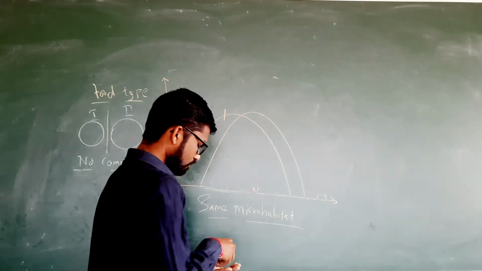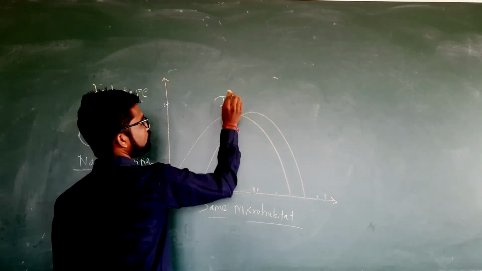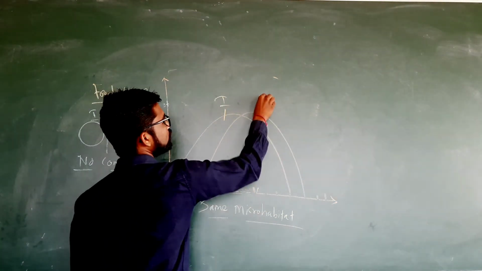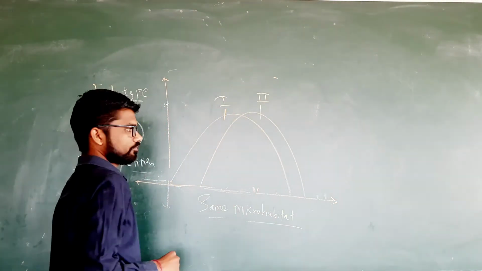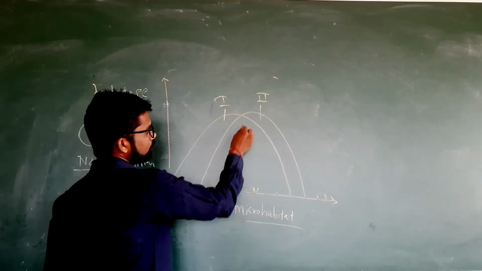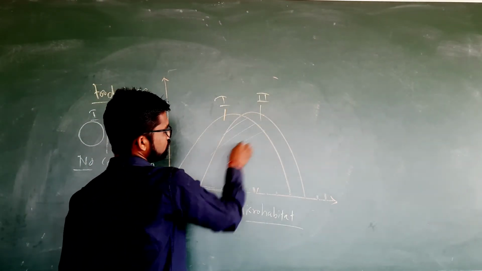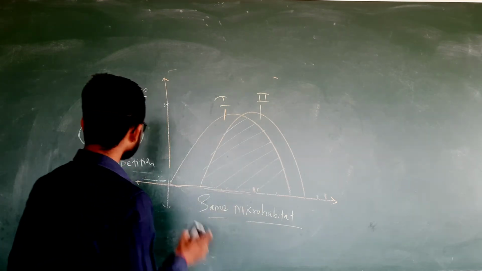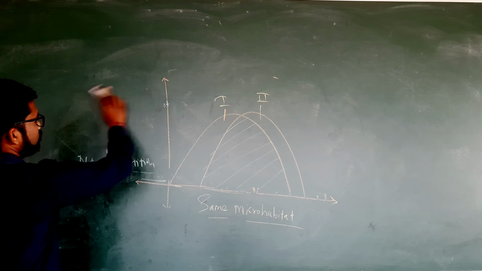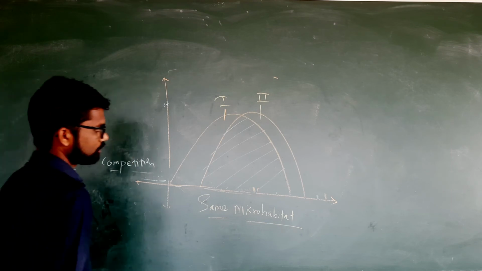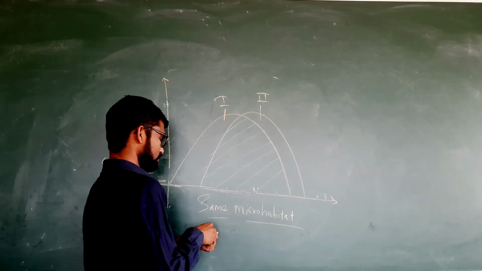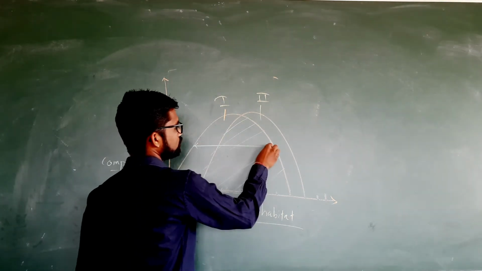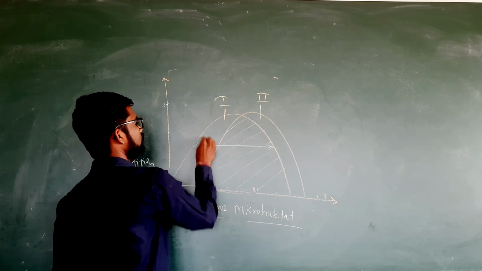This is the first species or first living organism, and this is the second, where there is high competition in that place. The niche width is this.